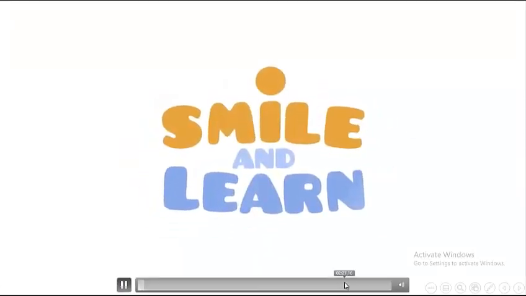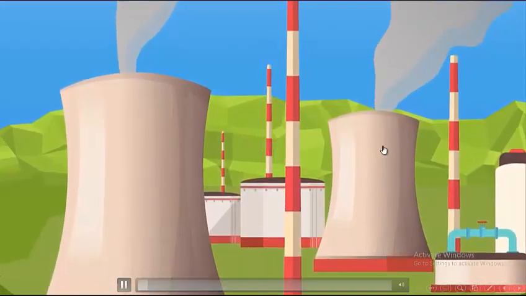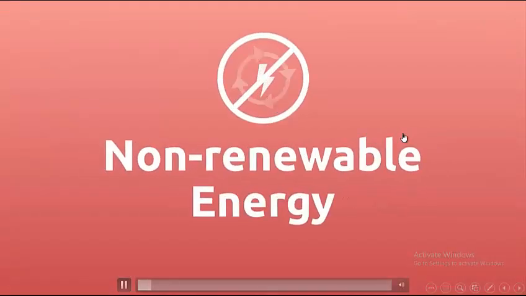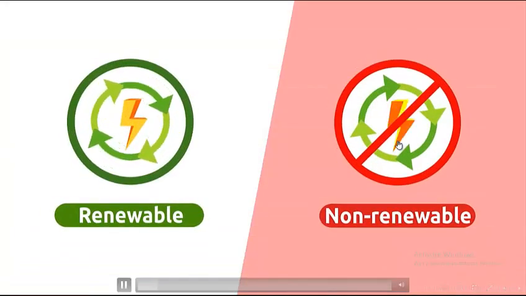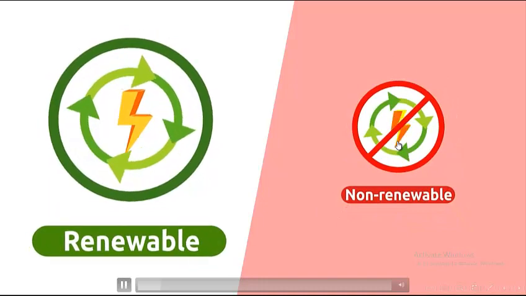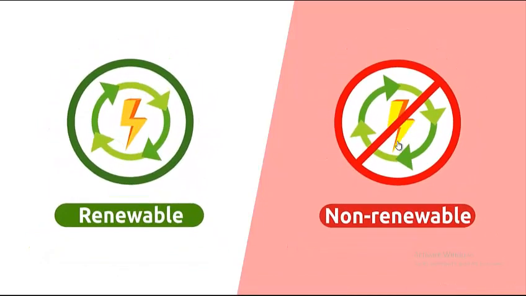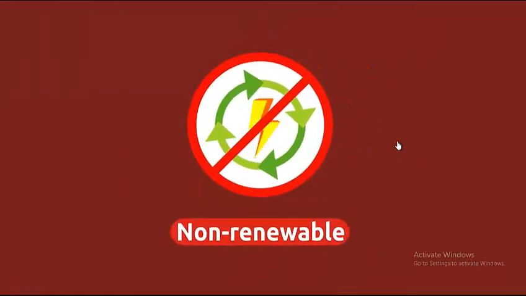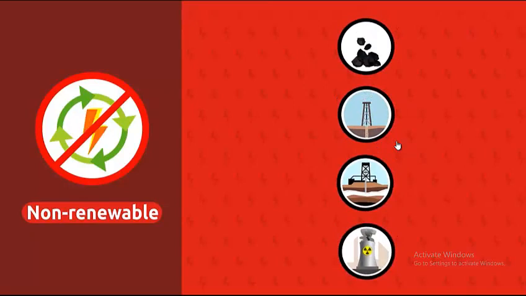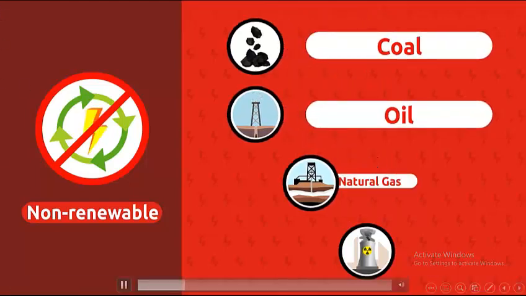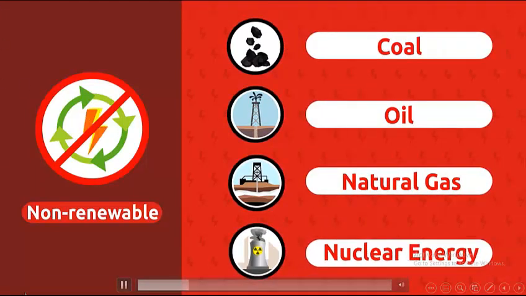Smile and learn. Non-renewable energy. We obtain energy from two different sources: renewable energy sources and non-renewable energy sources. Today we're going to learn about non-renewable energy sources. Non-renewable energy refers to the limited energy sources on the planet that don't replenish naturally. Coal, oil, natural gas, or nuclear energy are examples of non-renewable energy sources.